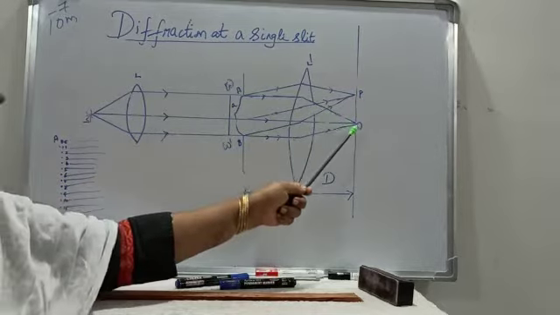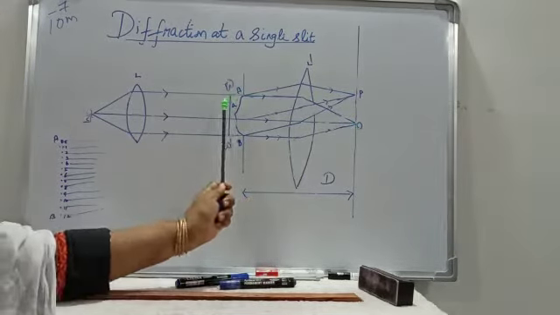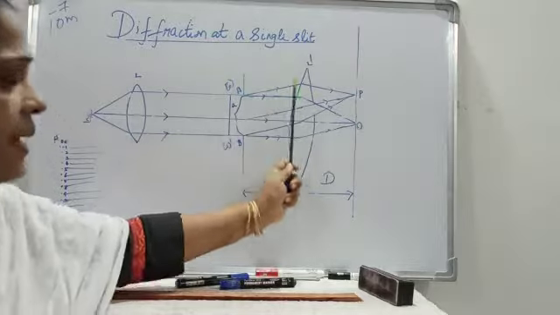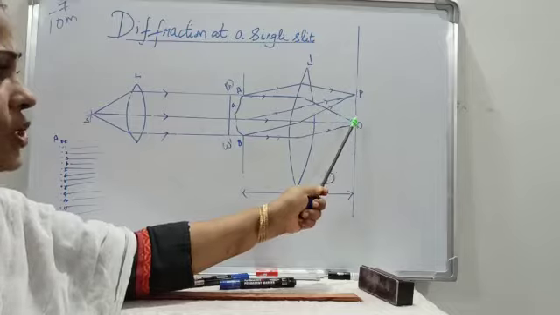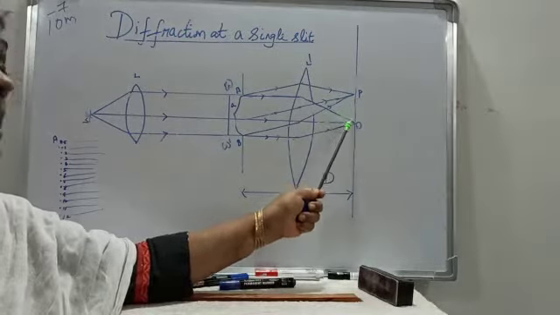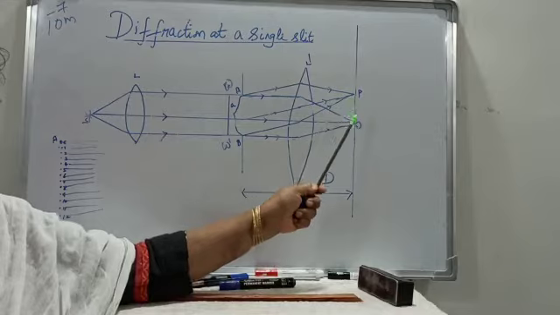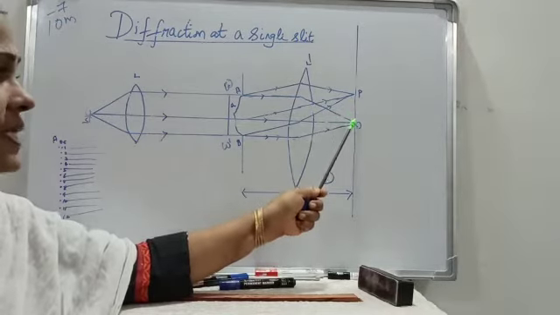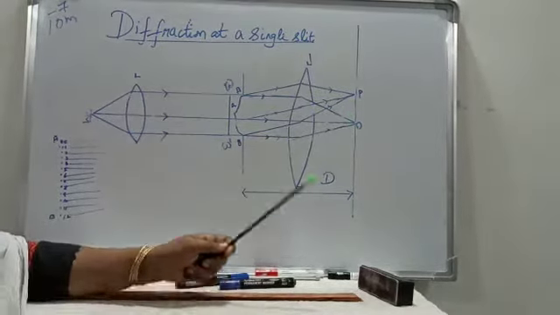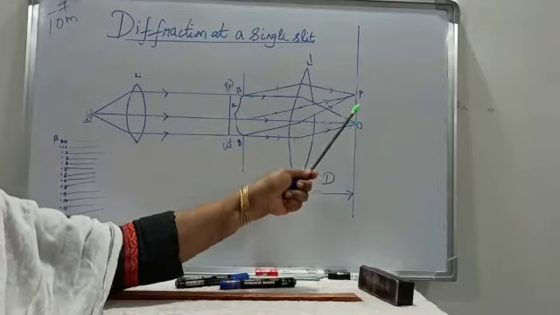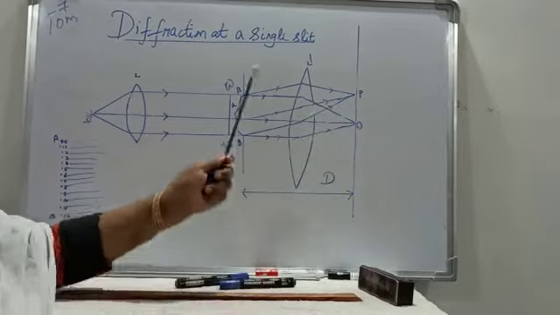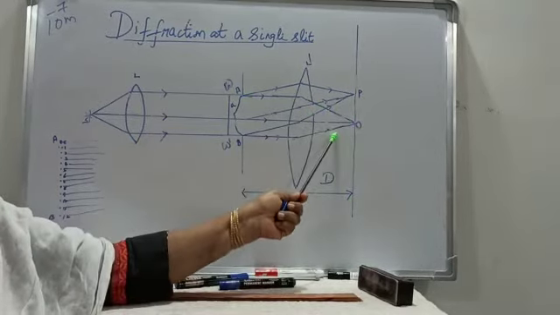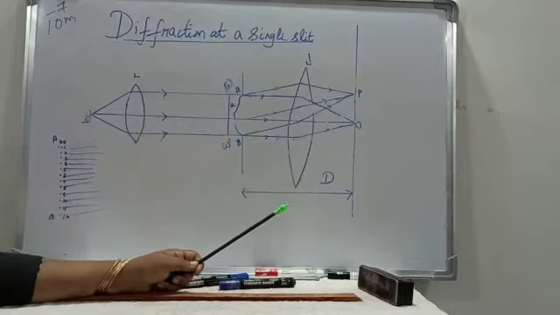So when you consider the point O, all the wavelets travel the same optical path to reach the point O in phase, and hence maximum intensity or maximum brightness is observed at the point O. Since the phase difference is 0 and the path difference is 0, the point O is of maximum intensity.